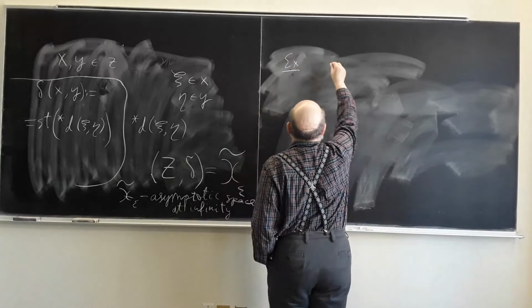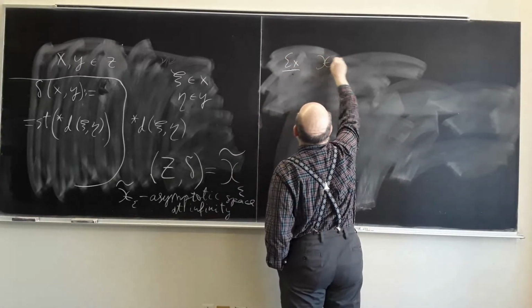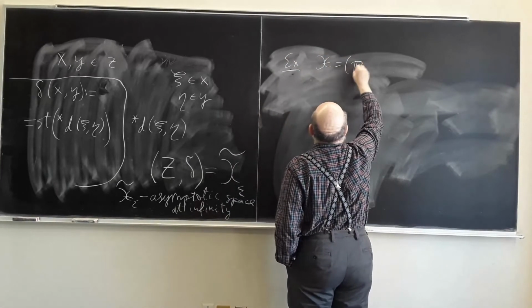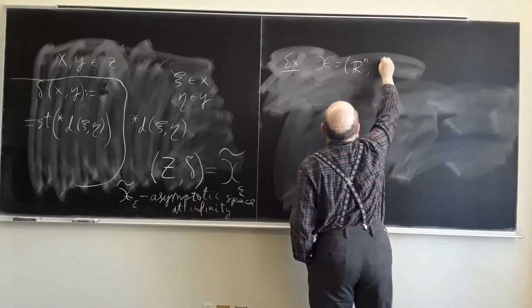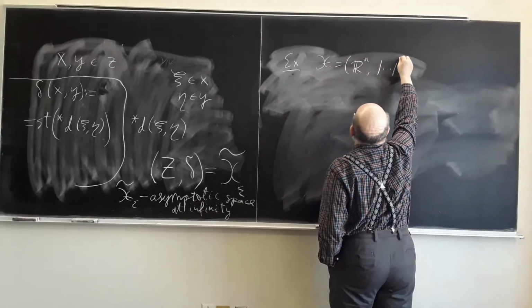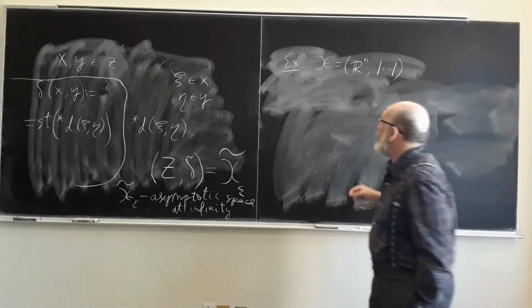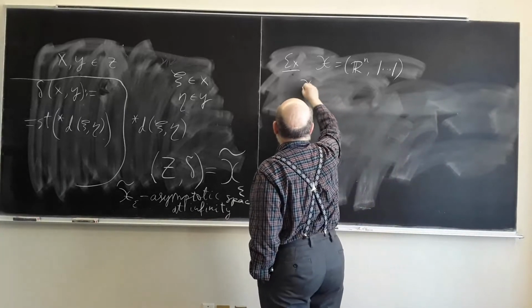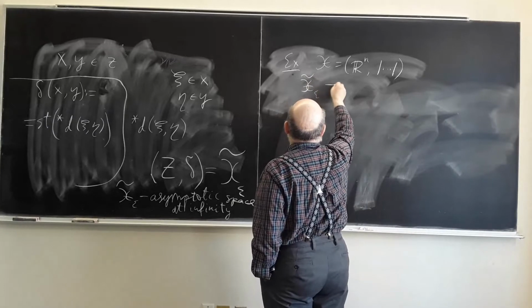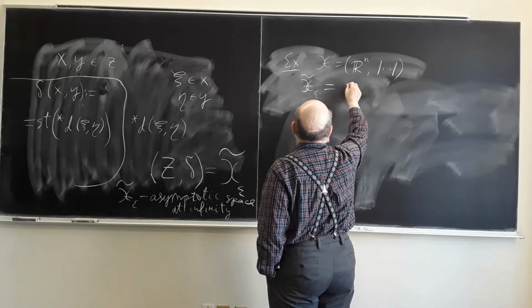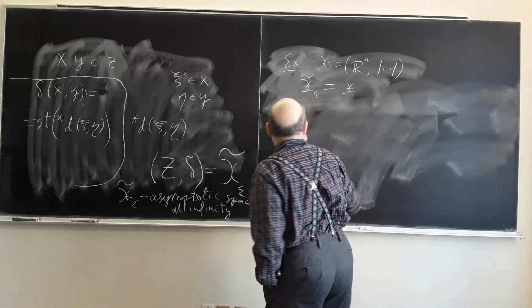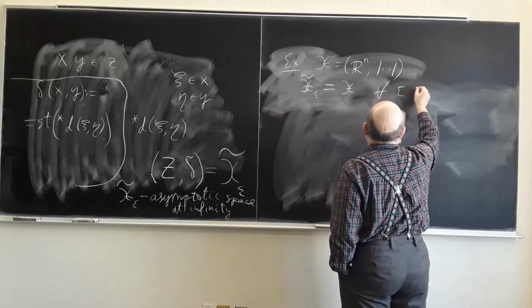The first example was X equals R^n with the usual distance, and X twiddle turns out to be the same X for any epsilon.